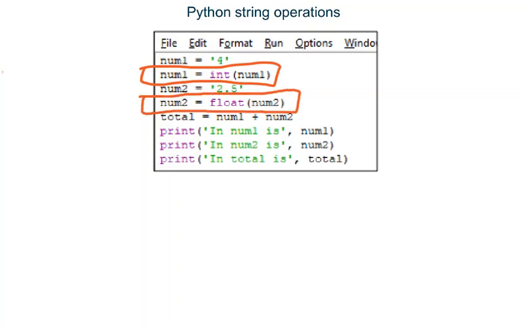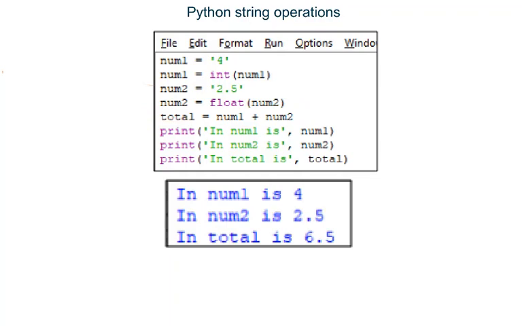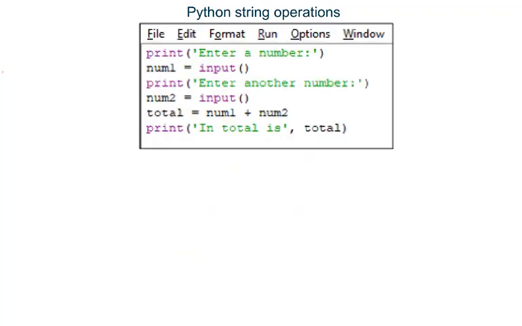In line 4, we use the float function to change what is stored in variable num2 from a string into a float. Now our addition sign can do mathematical addition instead of doing concatenation, because both of our variables are storing number data types, one an integer, one a float. When we run the program, we see it has added 4 and 2.5 to give the answer 6.5.